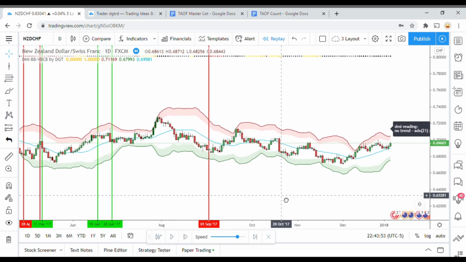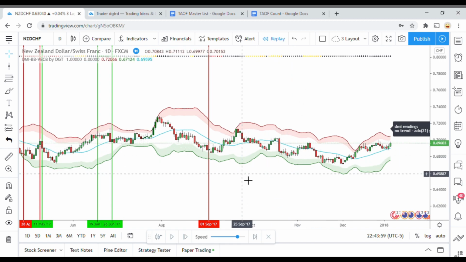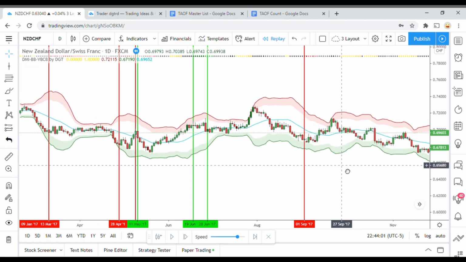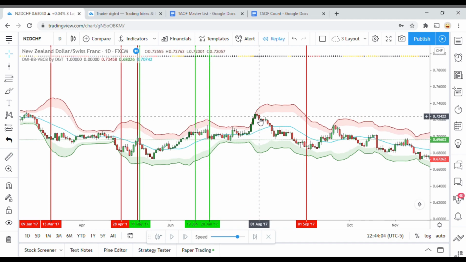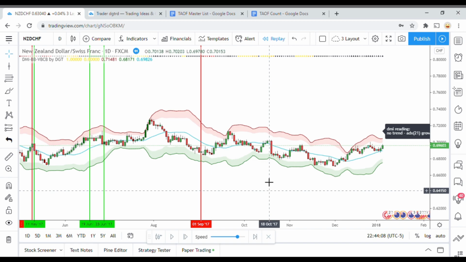But even at that, it doesn't give signals all that often, and so you might be better off just looking for price action to come into these shaded areas.